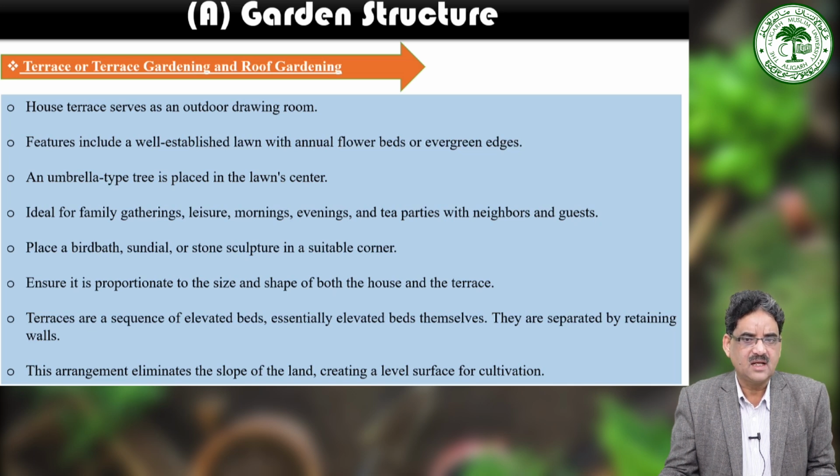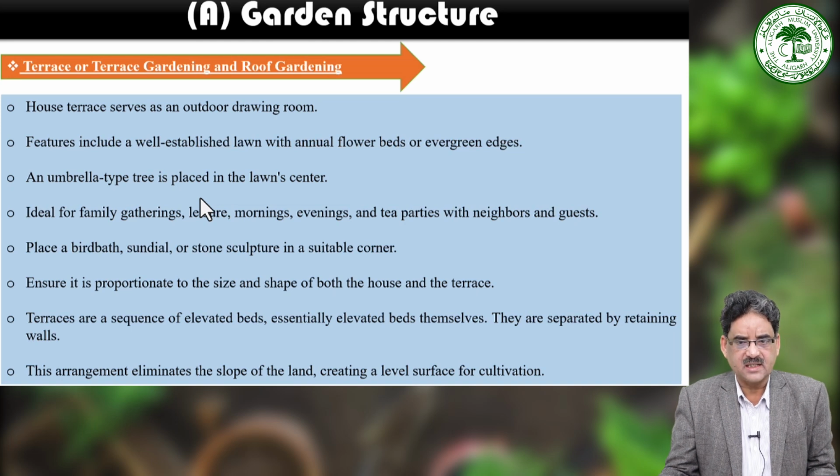To enhance the aesthetic, consider placing a bird bath, sundial, or stone sculpture in a suitable corner, ensuring it complements the size and shape of both the house and the terrace.